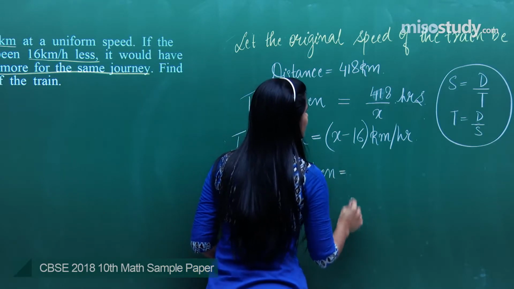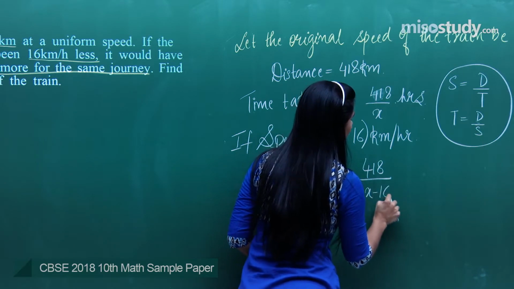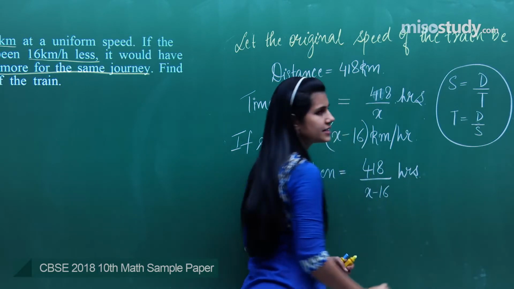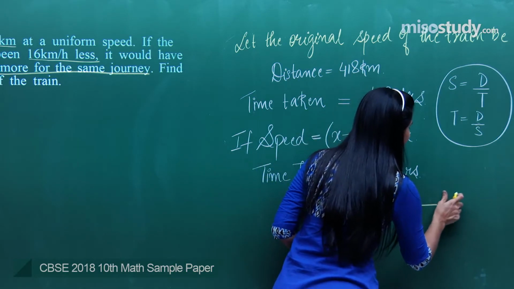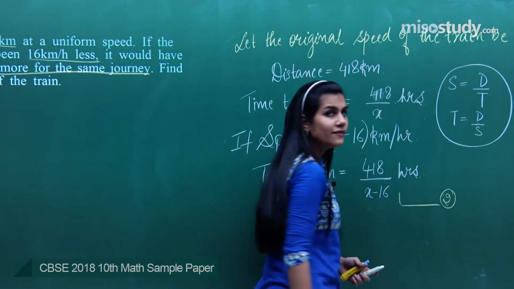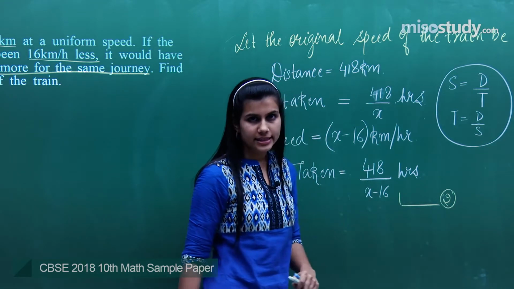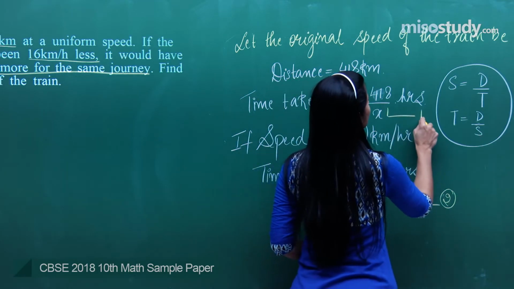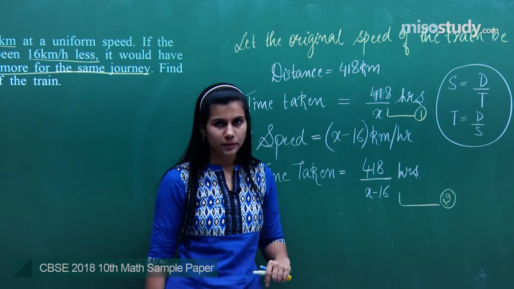The same distance will be covered in 418 upon x minus 16 hours this time. Okay? So, this is the time which is taken to cover 418 kilometers when the speed is original minus 16, and this is the time which is taken to cover 418 kilometers when the speed is x kilometers per hour.